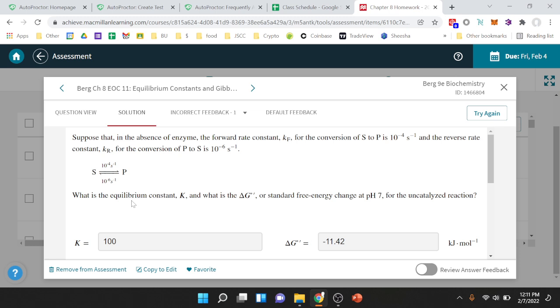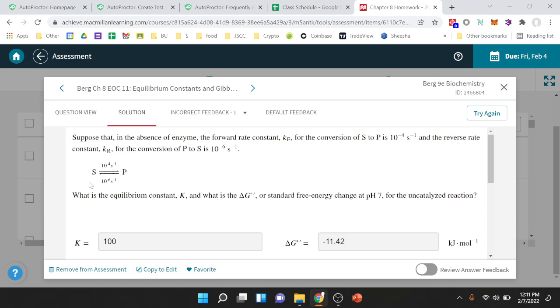So you're looking at producing products, right? The second thing is a capital K is always a combination of small k's. If you have a reaction going in one direction, it's going to have to be over a reaction going in the opposite direction if you're in equilibrium, right? That's going to determine the equilibrium balance.